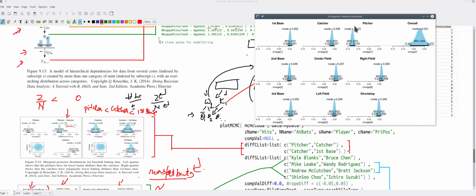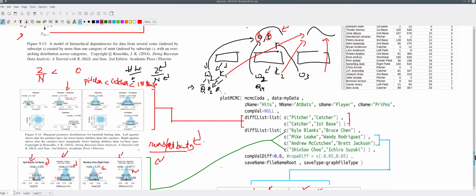In fact, pitcher seems to be very different from a majority of these. Some might be somewhat different, some might be very different. And all those pairwise comparisons can be made by specifying those to be our requirements in the output.